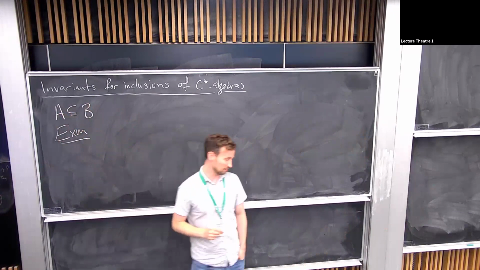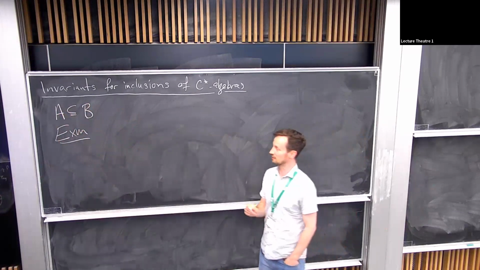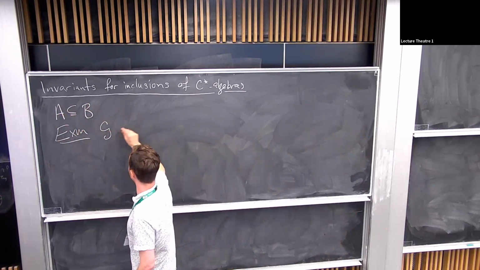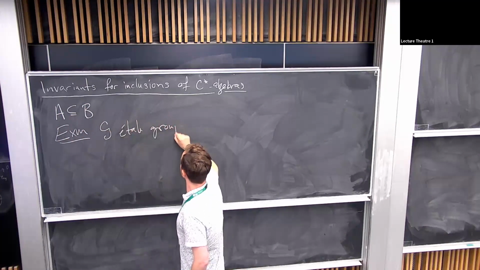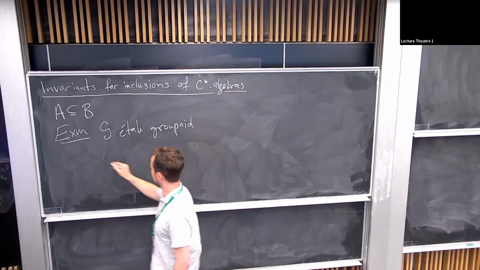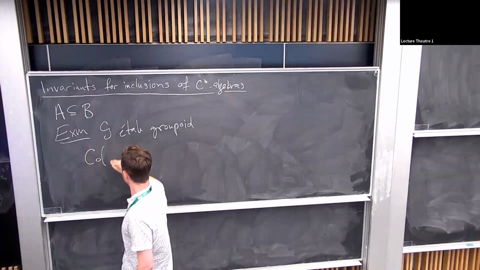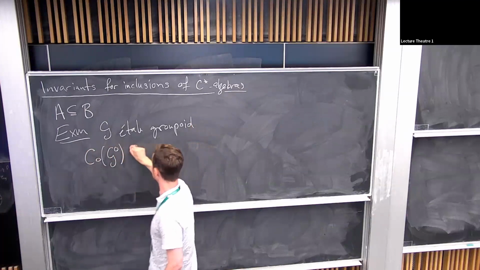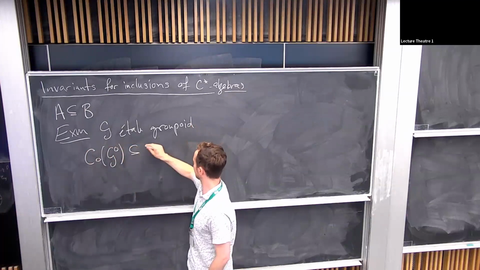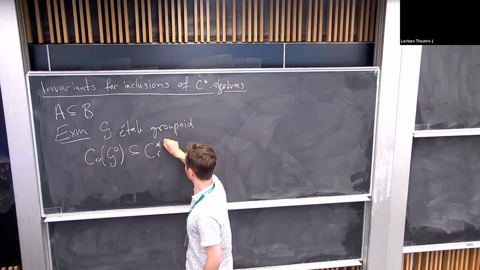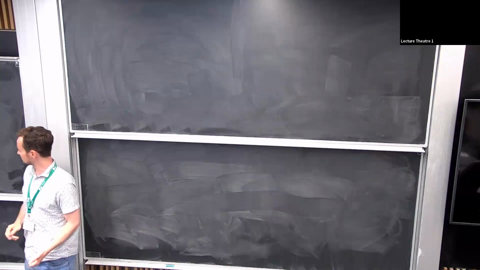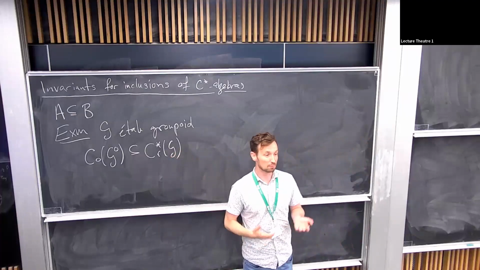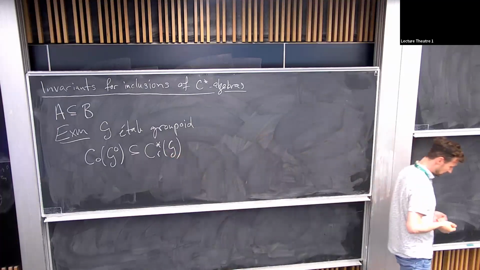The first example is one we've seen plenty of times already: if G is an étale groupoid, then we've seen that the continuous functions on the unit space sit inside of the reduced groupoid C-star algebra as a C-star subalgebra, and this will be one of the motivating examples that I'm going to be considering.